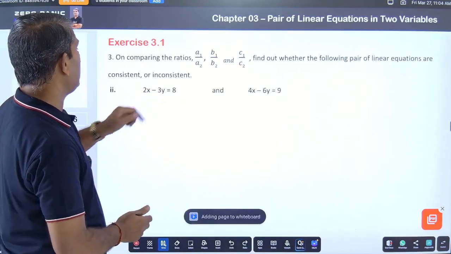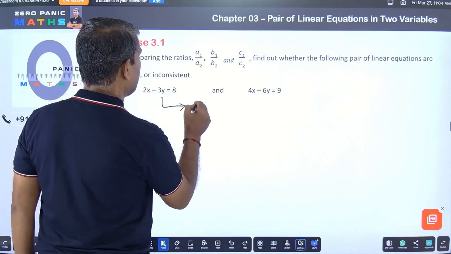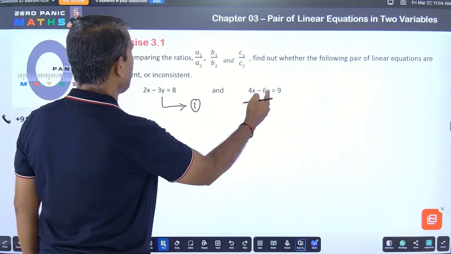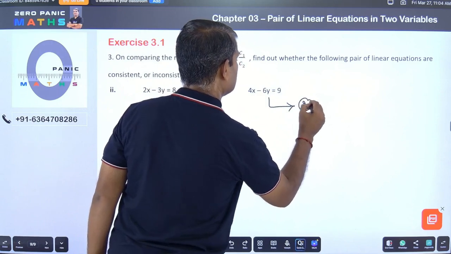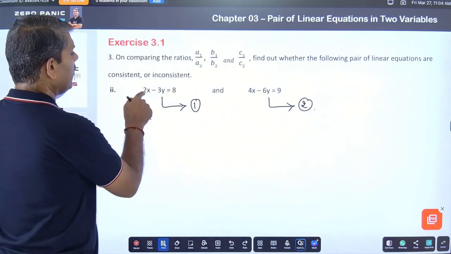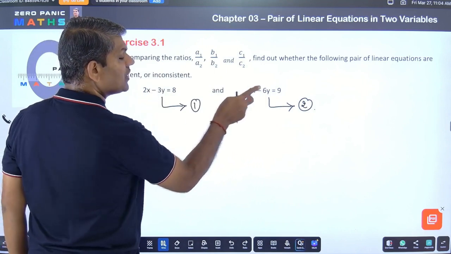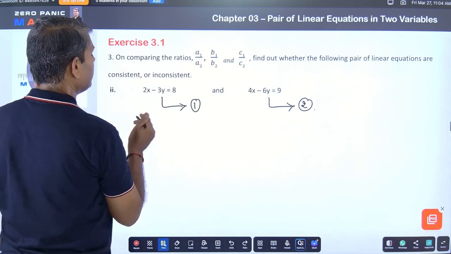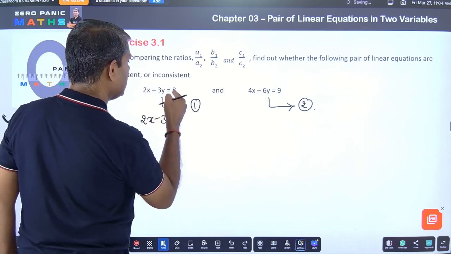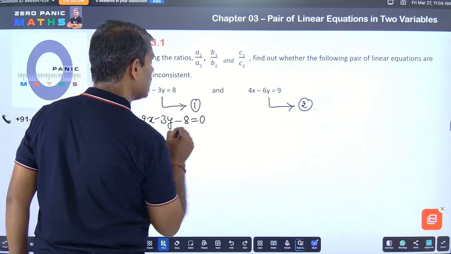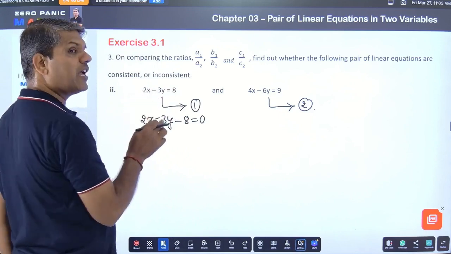Next question: again we have the equations, 2x minus 3y equals 8 as equation 1, and 4x minus 6y equals 9 as my second equation. A1 by A2 is 2 by 4, which is half, and minus 3 by minus 6, which is also half. I will bring 8 also to this side because I want C1. Don't take C1 as 8, because you have to bring C1 to the left hand side to identify it.